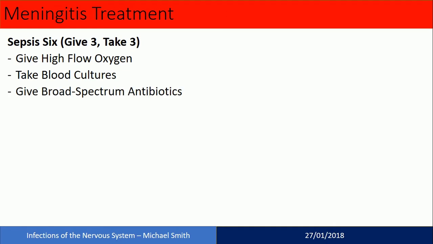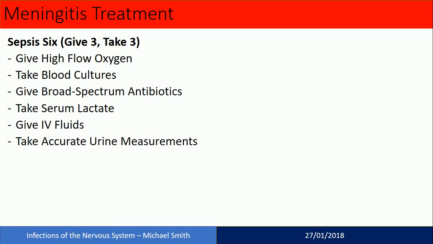You then give broad spectrum antibiotics, and you want to make sure that you take blood cultures before this step, otherwise you may lose the culture as you have used the antibiotics to treat the infection. You then take serum lactate, you give IV fluids, and take accurate urine measurements.